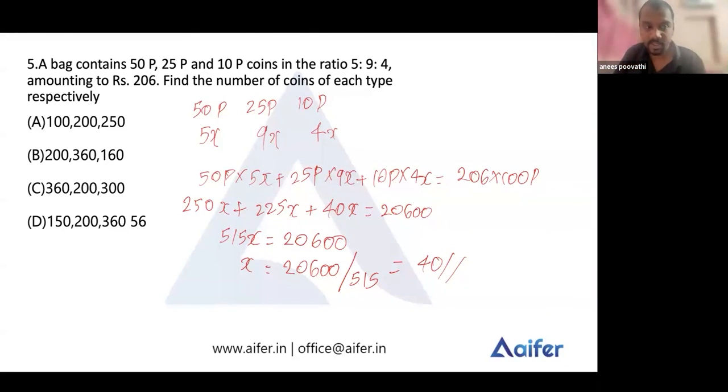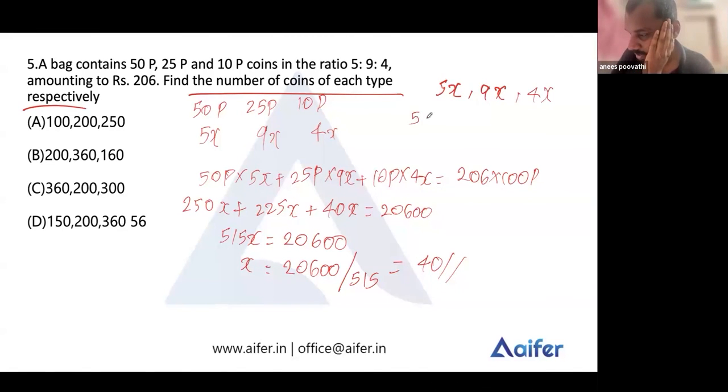So the question asks for the number of coins of each type. We have 5x, 9x, and 4x. So we have 5 into 40, 9 into 40, and 4 into 40.